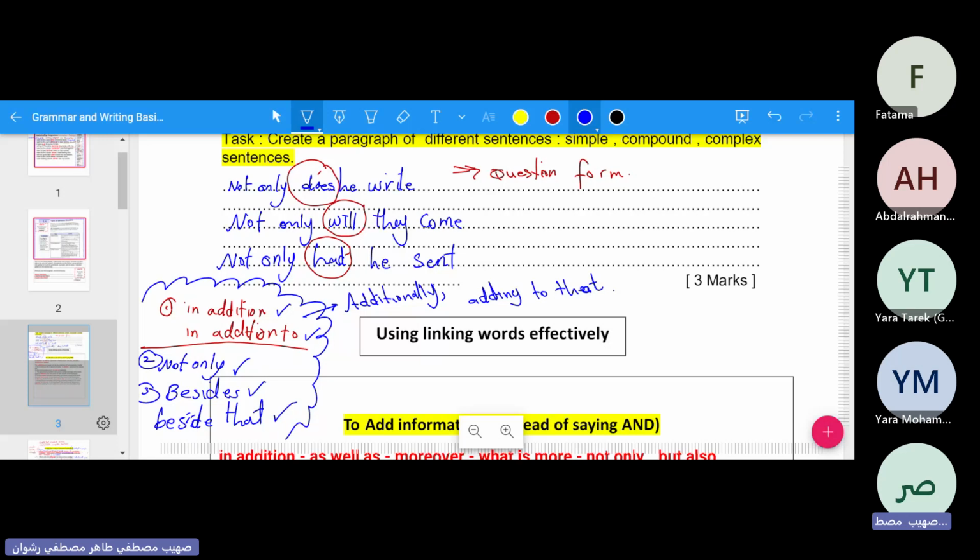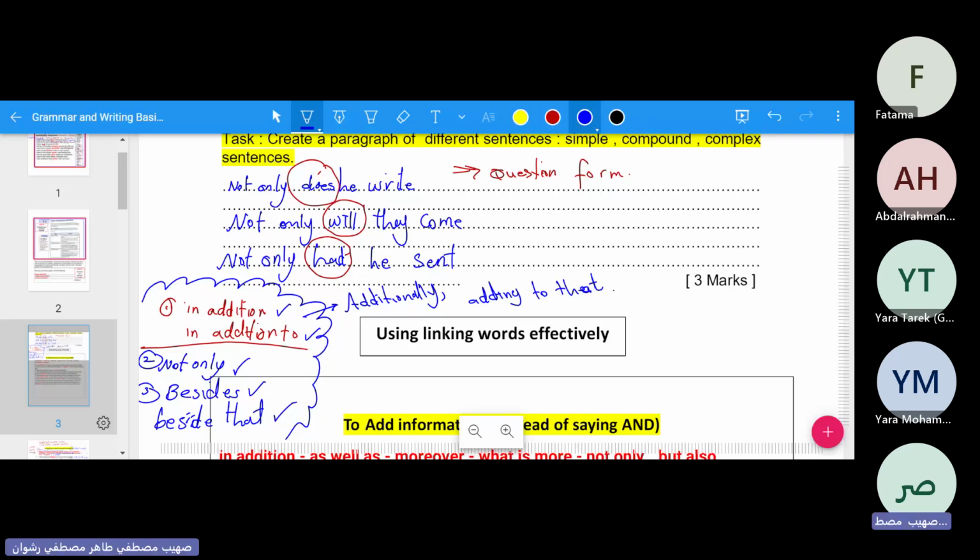Okay. Yara, just in sentence number 1. Yara Muhammad, in sentence number 1.